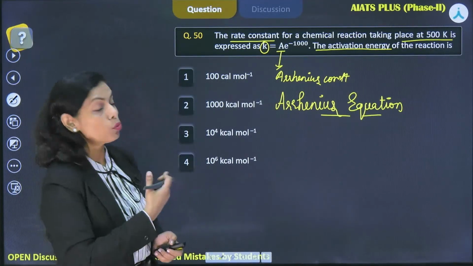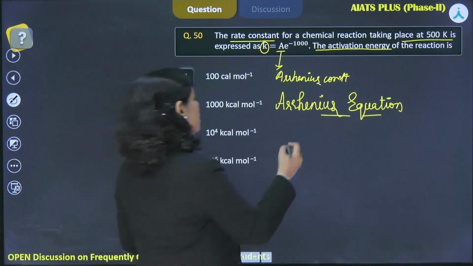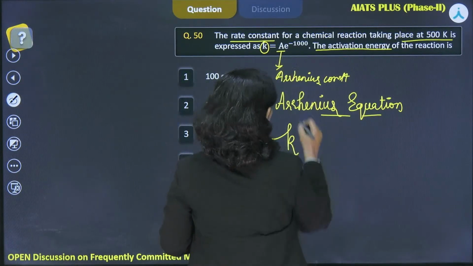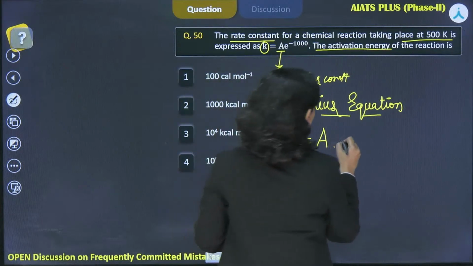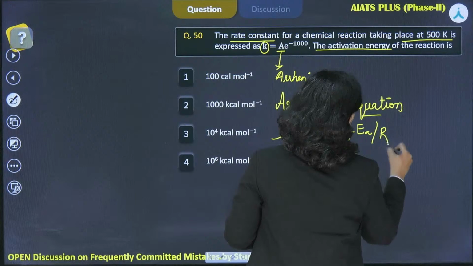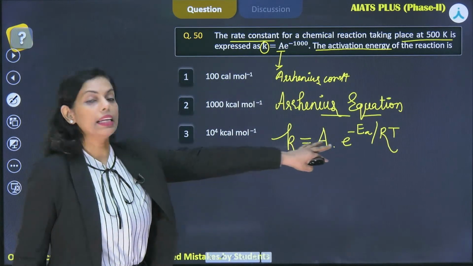Now Arrhenius worked on the same, and he derived one equation. What is that equation? The rate constant is directly proportional to, so I'm taking directly here the constant A, e raised to the power minus Ea upon RT, right? This is the Arrhenius equation.